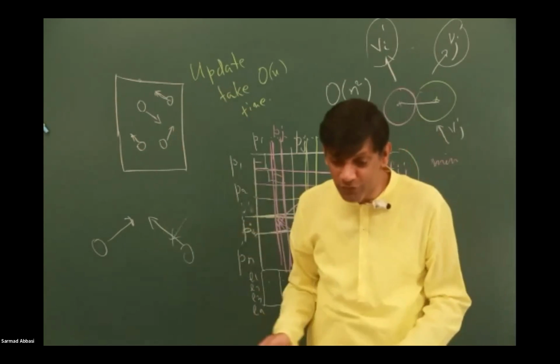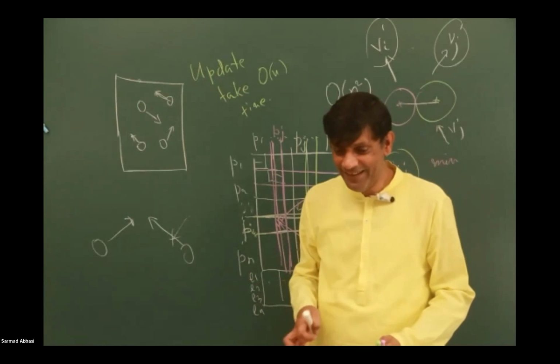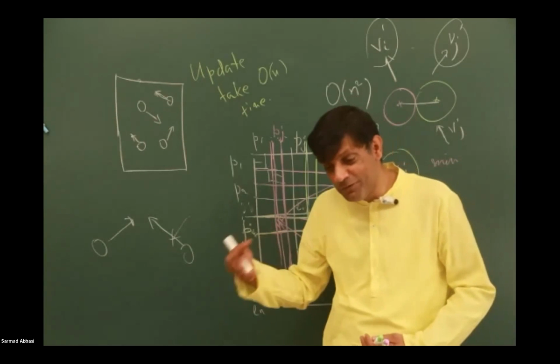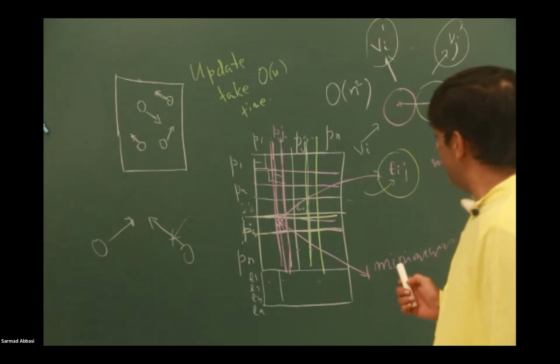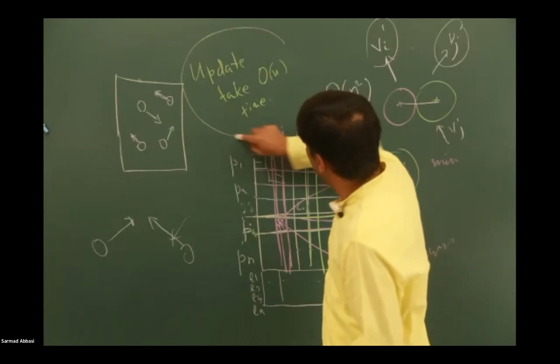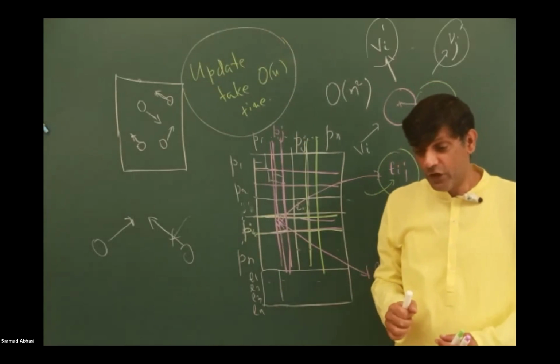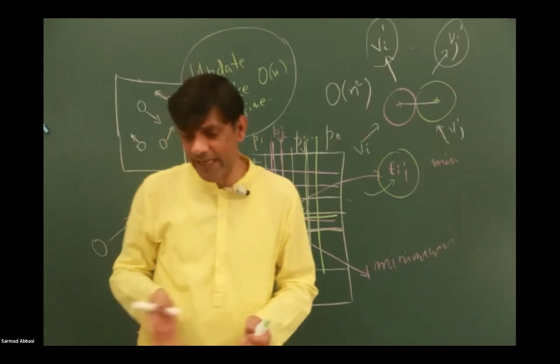Because it's an enclosed box, right? Therefore, the minimum is well defined. Okay, so the minimum can never be infinity. All right. Okay, so when I update this, I have to spend order n time. All right. Okay, and this is how I actually created the animation.